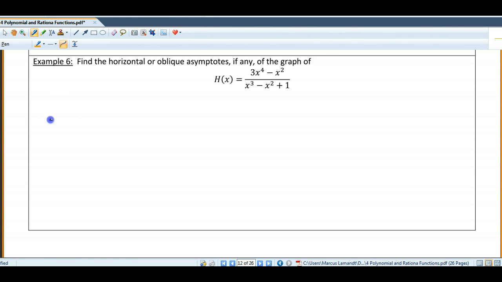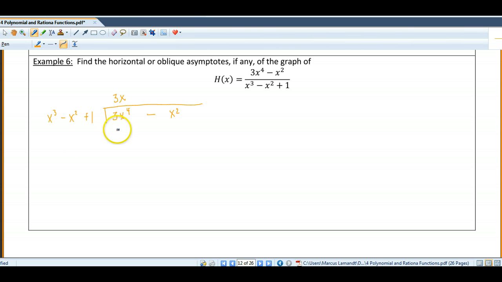So in this case I've got x cubed minus x squared plus 1 being divided into 3x to the 4th power minus x squared. So, what do you multiply x cubed by to get 3x to the 4th? Well, you multiply it by 3x.